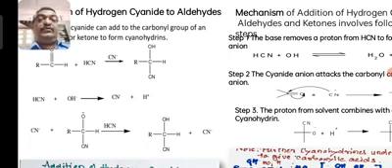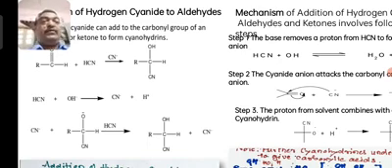I have given a specific example by taking H-R-C double bond O, that is an aldehyde. When treated with this nucleophilic reagent, there is a formation of cyanohydrin and addition takes place.